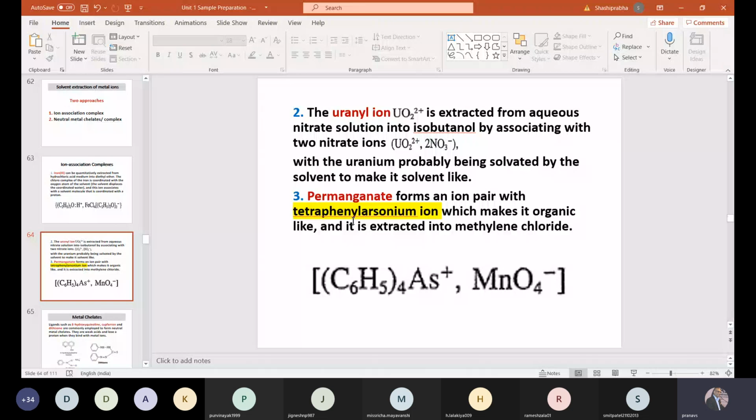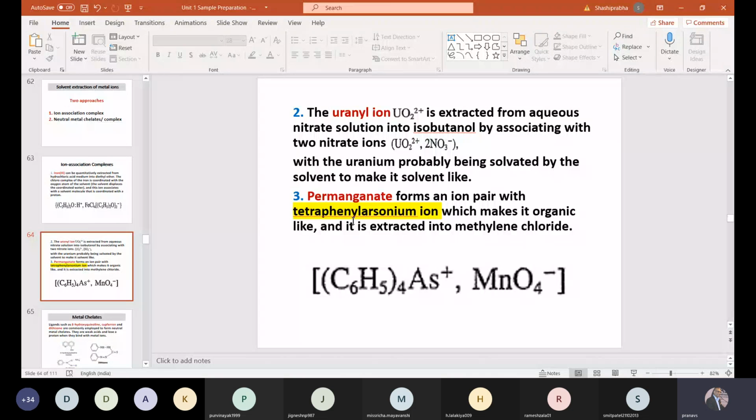Now, potassium as such cannot go into the organic phase because it is positively charged. So there must be something more which is neutralizing the charge of the potassium ion, which is why we can see a purple colored benzene.